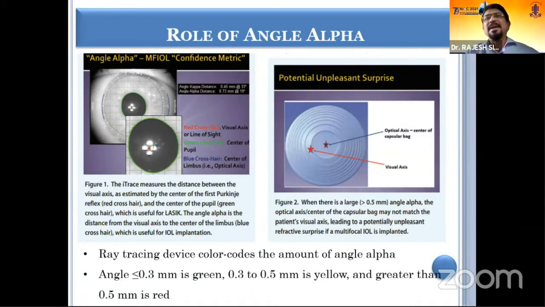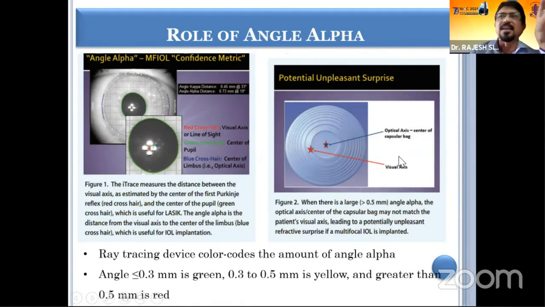0.3 to 0.5 is a gray zone, which depends on the type of multifocal that you're using, the type of central optical part, which varies with different IOLs.